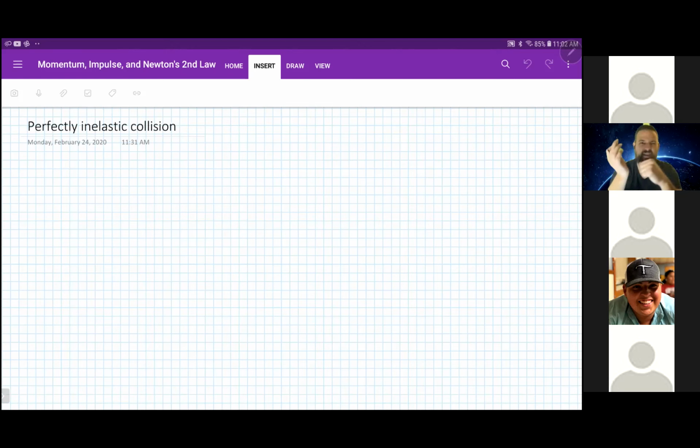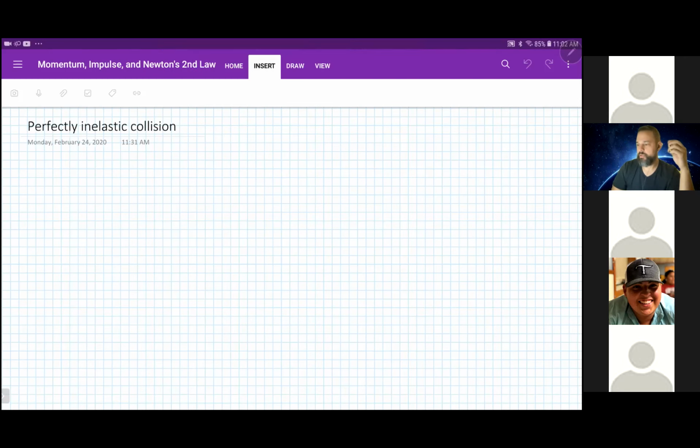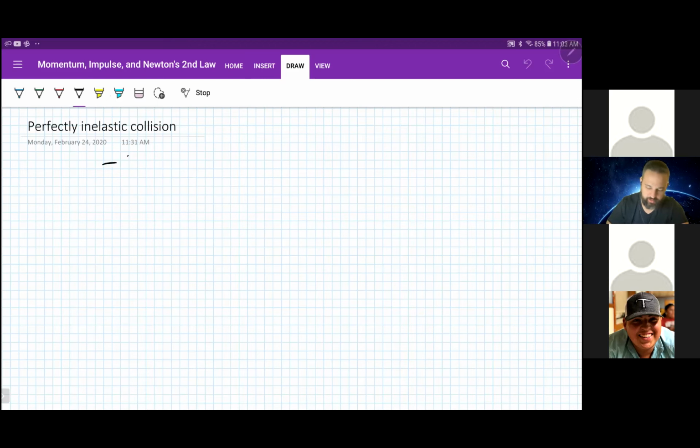Like in the mud, whenever I gave you the example of the mud falling in, it completely sticks in. That's perfectly inelastic. All right. So perfectly inelastic collisions do not conserve energy.